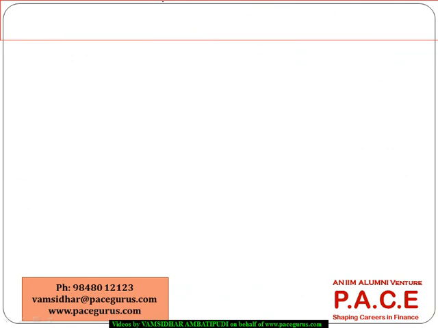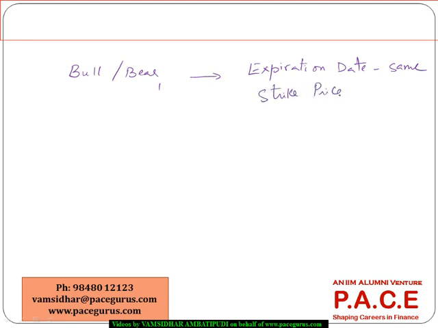Now, till now, when I'm talking about bull call or bear call spread strategies, whatever we have used till date, the expiration dates are the same, but the strike prices are different in all these examples, right?